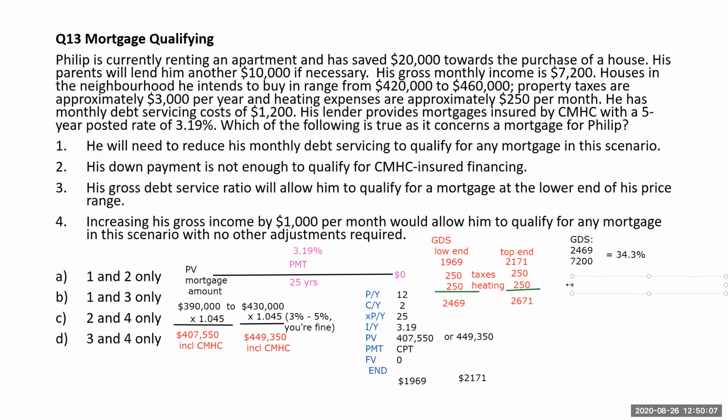Or if we go to the top end, 2671 divided by 7,200. Okay, there you go, Kamal, you're going to get 37%. So which of those numbers is potentially in the ballpark?